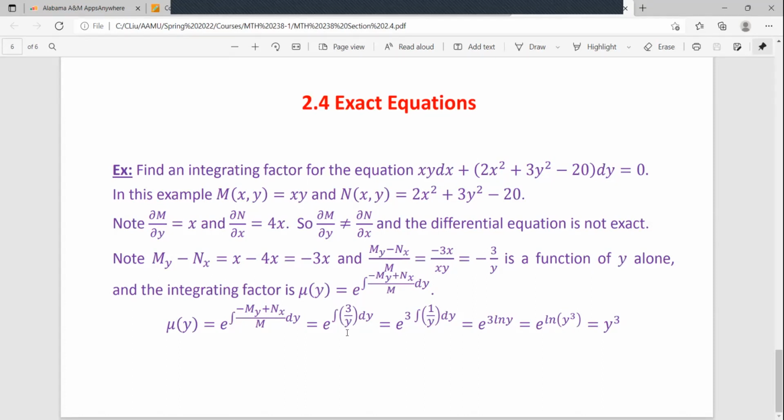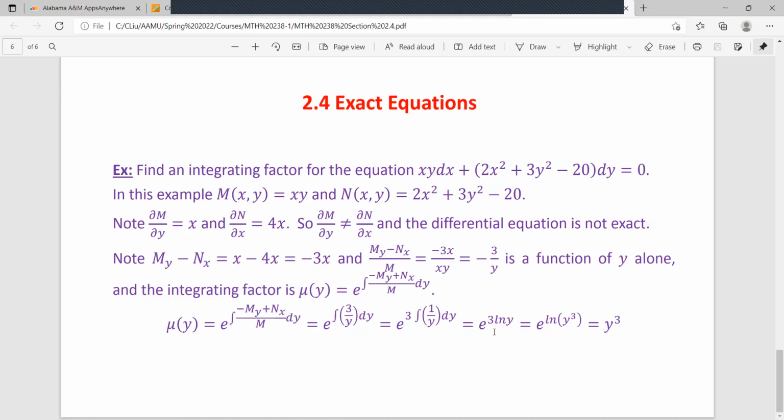So we got 3 over y in this integral, and just integrate it. And then you take the exponential for the whole thing. You can take out 3 from the integrand and integrate 1 over y. So that just gives you the natural log of y. We should get the natural log of absolute y in general, but since we just want to find one integrating factor, you can skip this absolute sign.